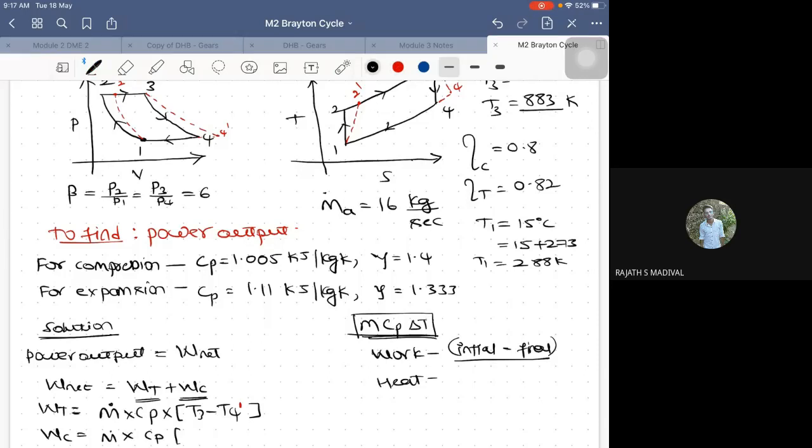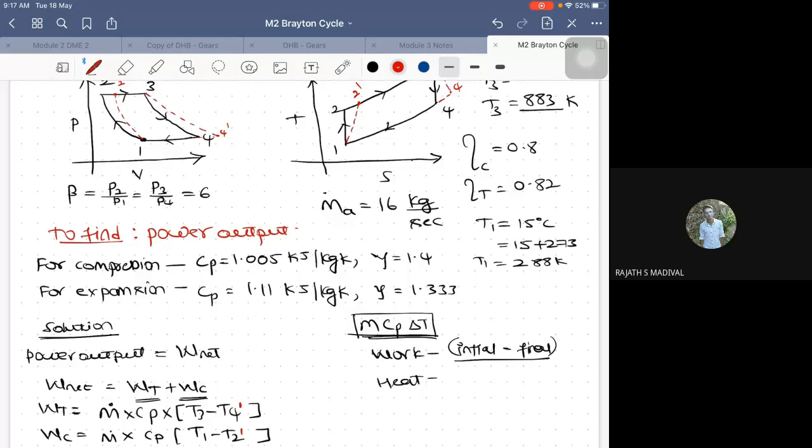The process is from 1 to 2, compression work, so how am I supposed to take the temperature difference? T1 minus T2 dash. In an ideal case it would be T1 minus T2, but since the efficiency of the compressor is being given, you have to take it as T1 minus T2 dash.